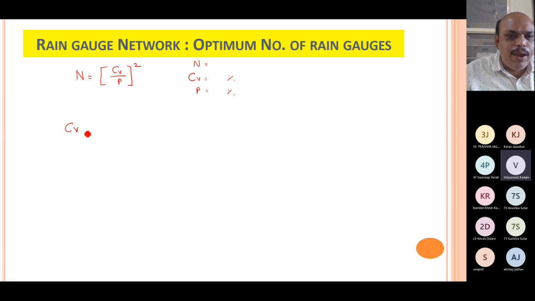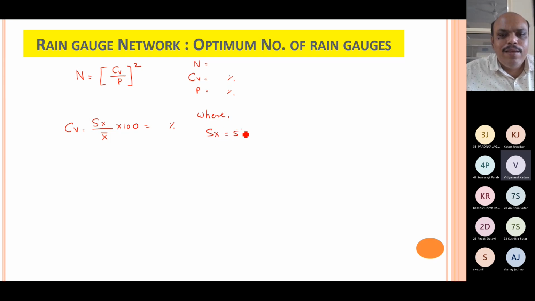CV is calculated with the formula Sx upon x bar into 100. Okay, so the answer will be in percentage. So in this formula, what is Sx? Sx is standard deviation of rainfall values.